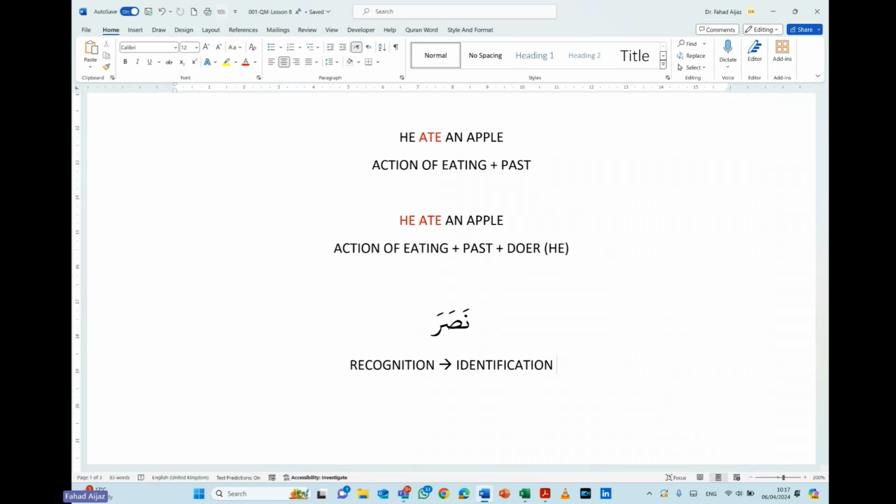When I'm looking at a word nasara, I'm trying to identify, is it a fail? And if it is a fail, okay, what does it have inside it? Every fail has by default a pronoun inside it, which is a doer of that fail. Okay, every fail, as standard, has a pronoun inside it, right?